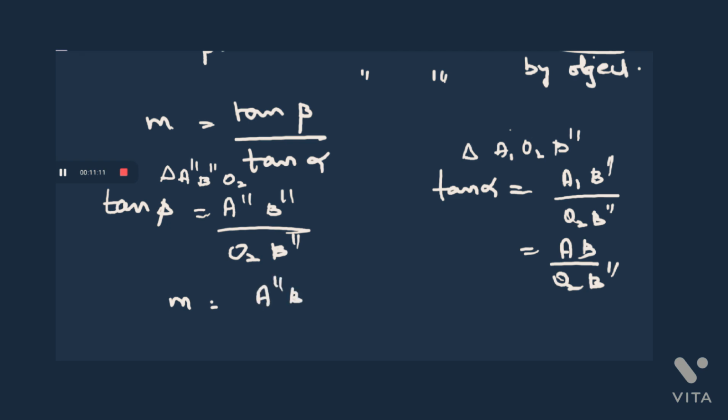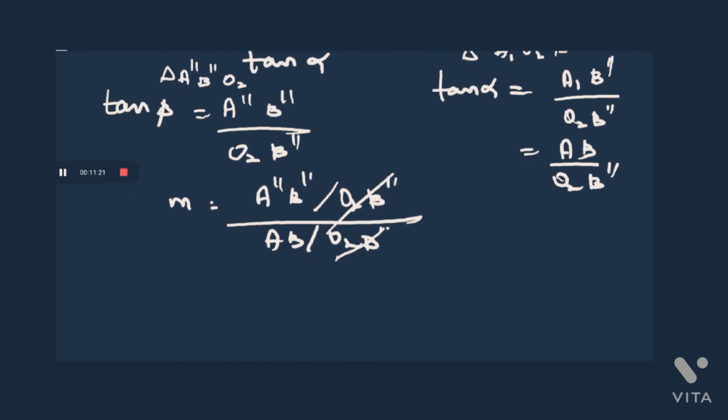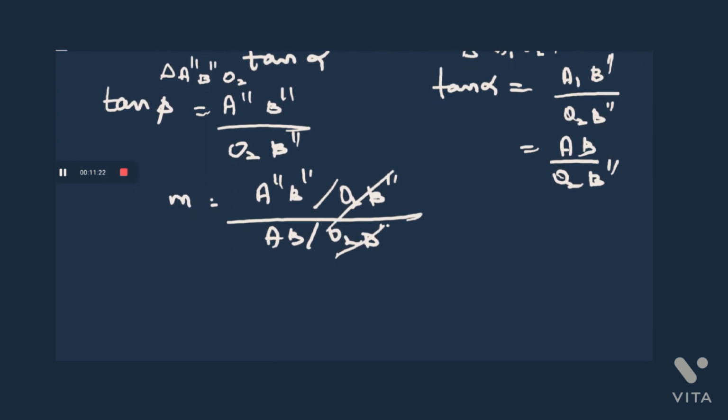I can write A''B'' by O2B'' divided by AB by O2B''. O2B'' is the same, so you will get the final answer A''B'' divided by AB. Am I right?